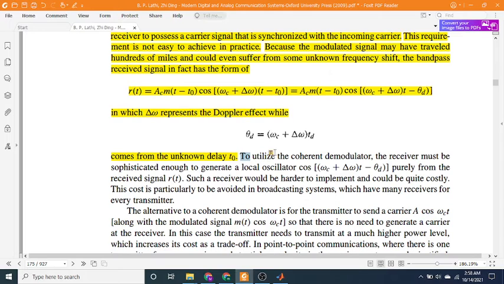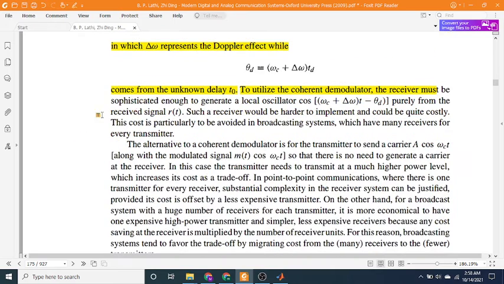To utilize the coherent demodulator, the receiver must be sophisticated enough to generate a local oscillator cos[(ωc + ω)t + θ0] purely from the received signal r(t).